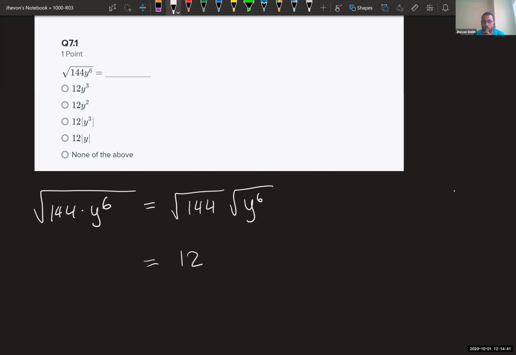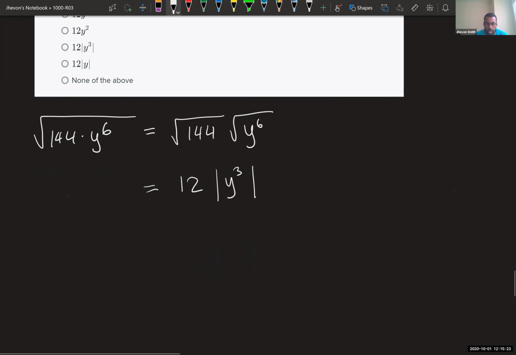What is the radical of y to the 6? Since it's an even power, wouldn't you get like an absolute value? Correct. Absolute value of? Would it be y cubed?